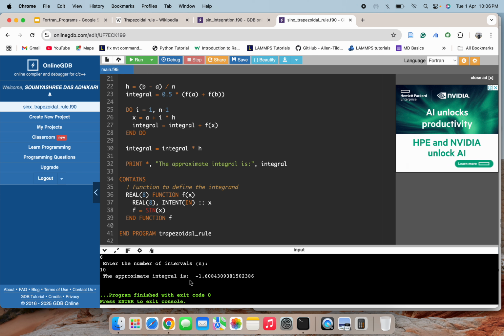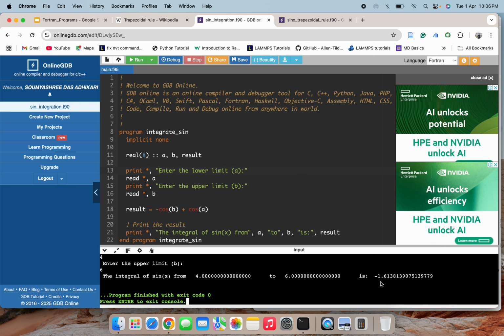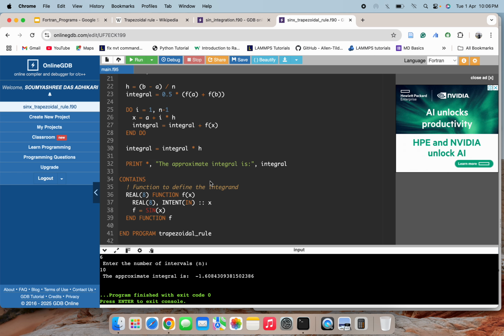Now you check that this integral is minus 1.608, which is almost the same, very near to minus 1.61. So another rule is, as the number of intervals increases, the error will be minimized.